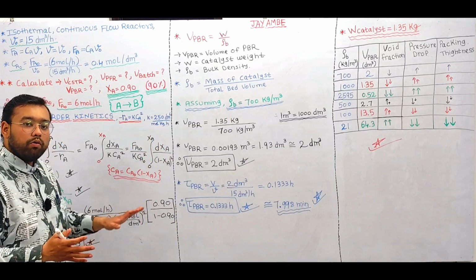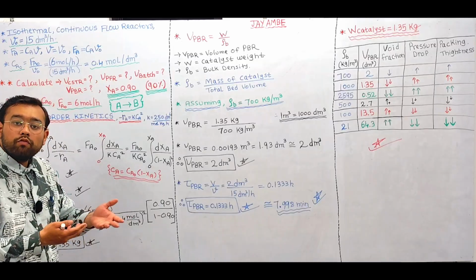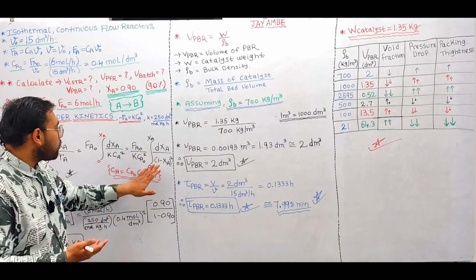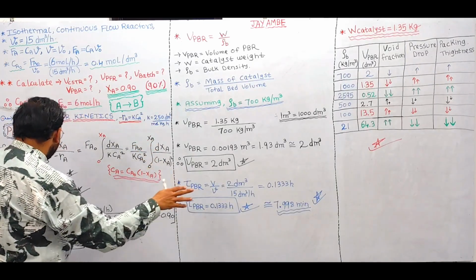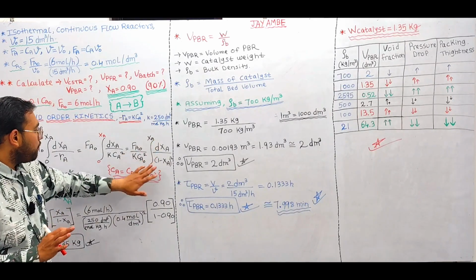If you want to recall, I request you to please watch a few minutes before, where I explained how we solve this integral form. The solution of this integral form comes out to be Xa upon 1 minus Xa. So integration of 0 to Xa dXa upon 1 minus Xa whole square is equal to Xa upon 1 minus Xa. So finally we have obtained the solution of this integral form, right?